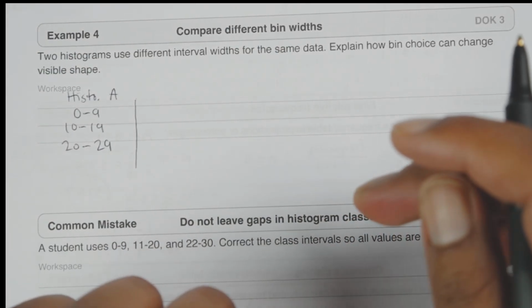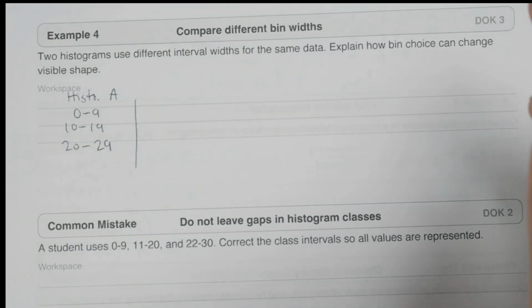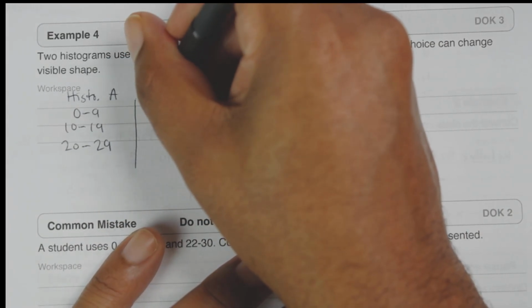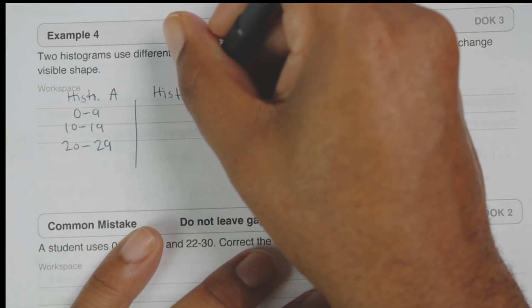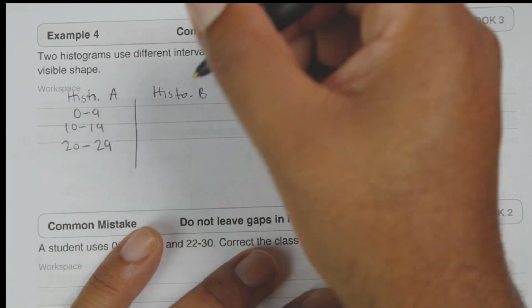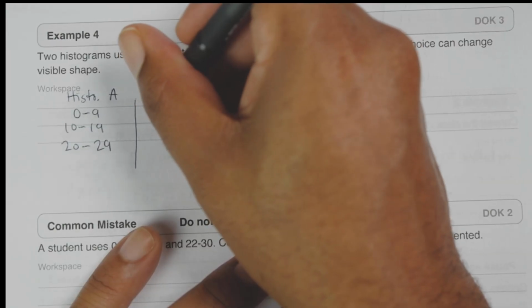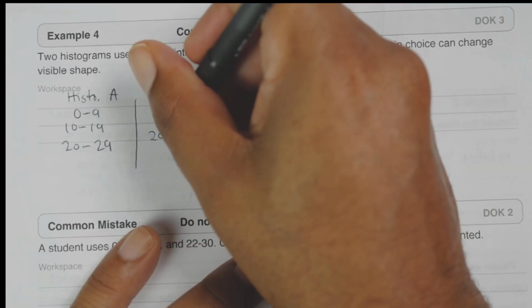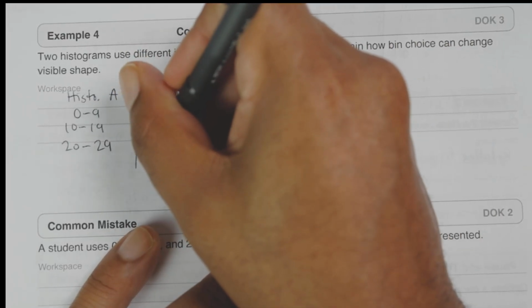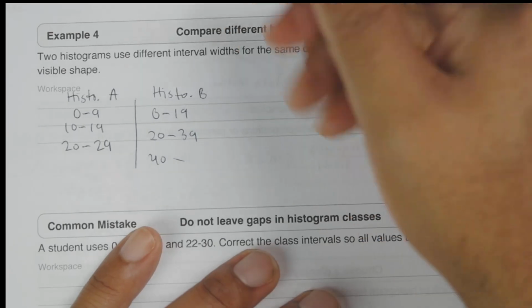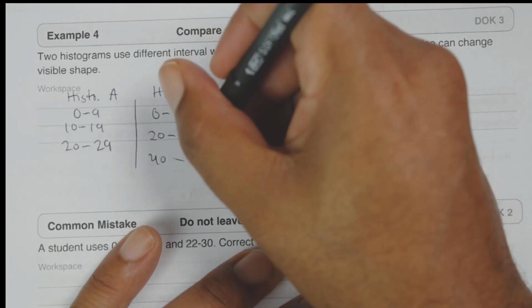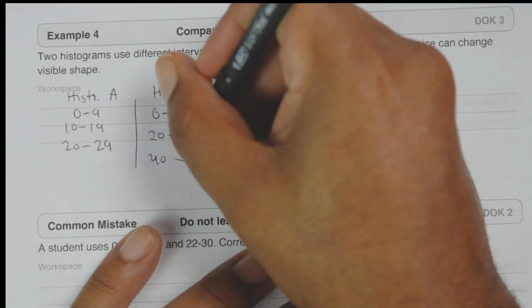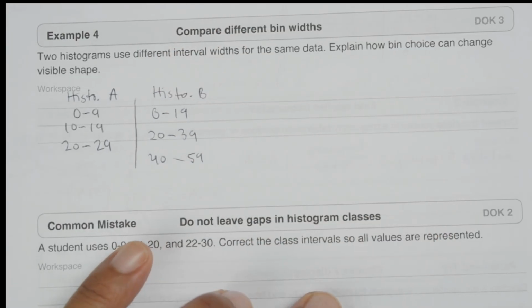And then histograph B may use, let's say, 0 to 19, and then 20 to 39, and then 40 to 59.